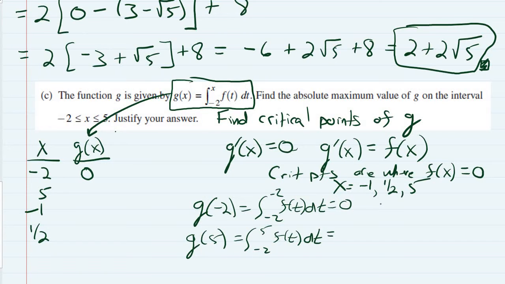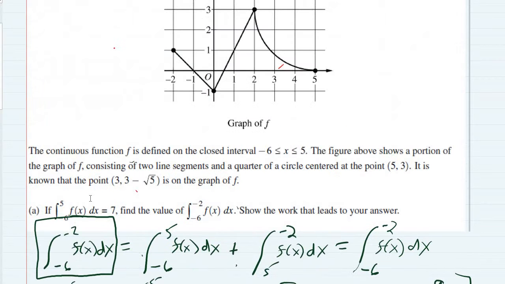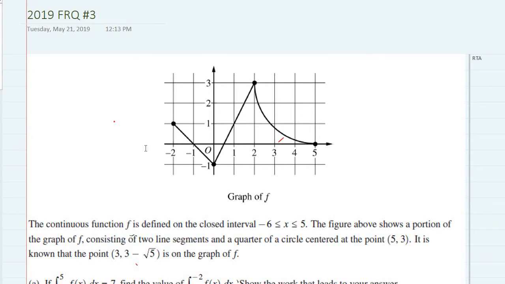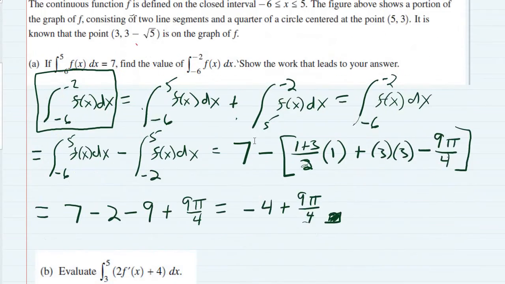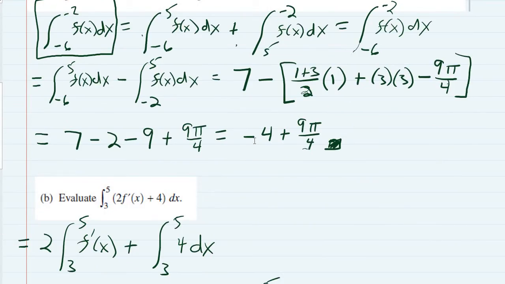And what is that answer? Well, going back up here, looking at -2 to 5, that's going to be basically what we found inside right here. It's basically all of this part here.